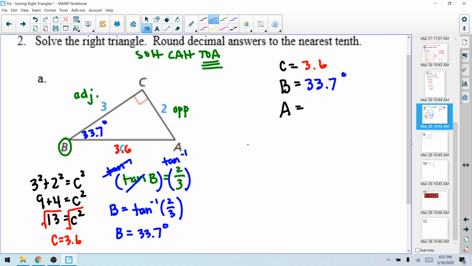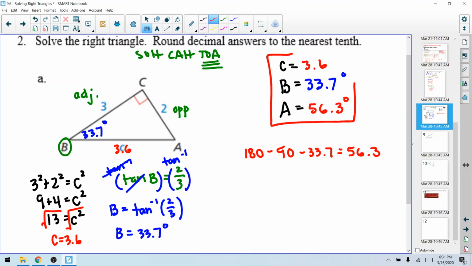So at this point, I'm going to do 180 minus 90 minus 33.7. Going to grab my calculator. 90 minus 33.7 is going to give me 56.3. So angle A must be 56.3 degrees. And you've solved the triangle.